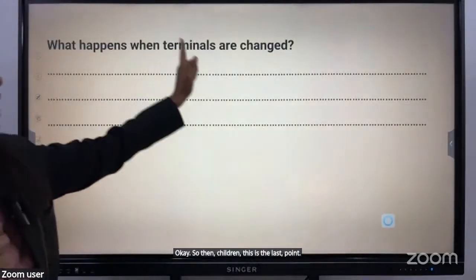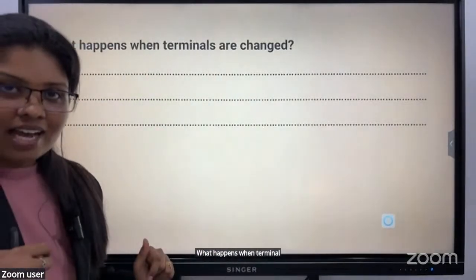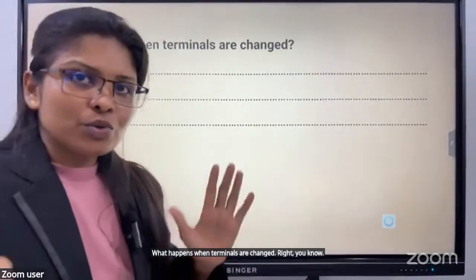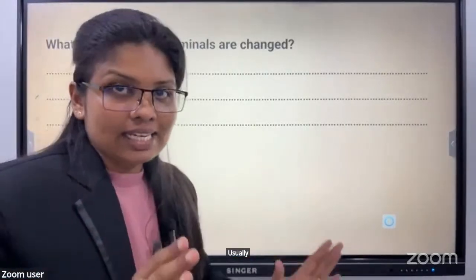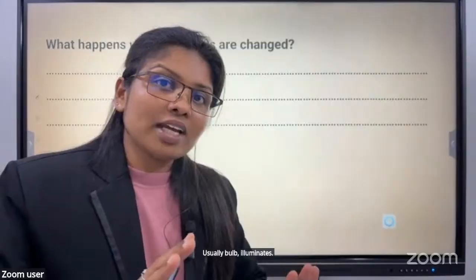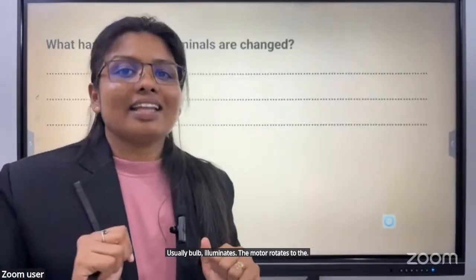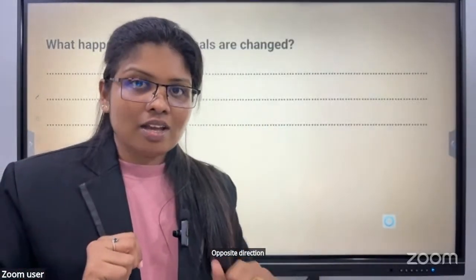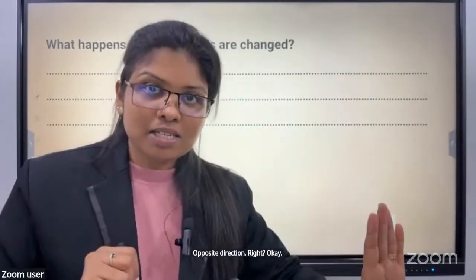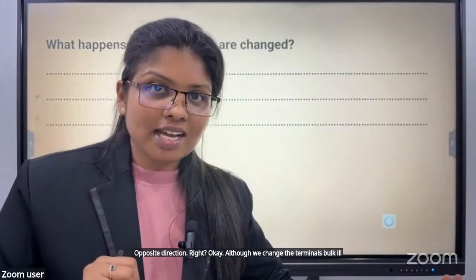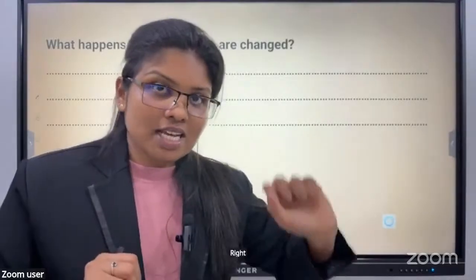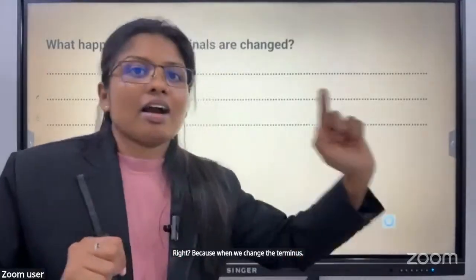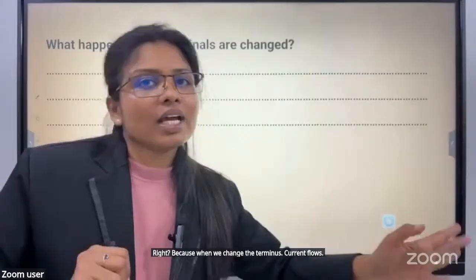Okay. So children, this is the last point. What happens when terminals are changed? You know, usually the bulb illuminates and the motor rotates to the opposite direction. Although we change the terminals, the bulb illuminates, because when we change the terminals, current flows from positive terminal to negative terminal.